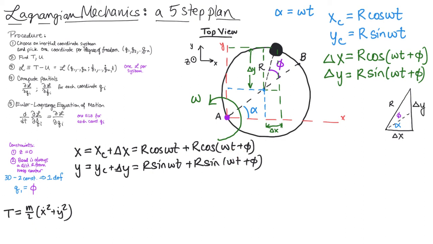So I'm not going to do this all out, but I will just take one step, which is to look at x dot. And once you see me do x dot, I'm sure you'll be comfortable doing the y dot piece. So if we take the time derivative of this term, we'll get a minus r omega times the sine of omega t.